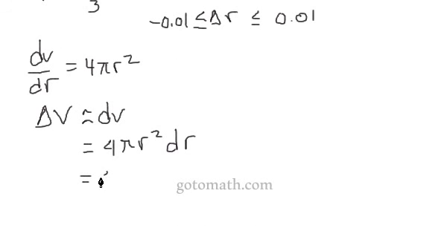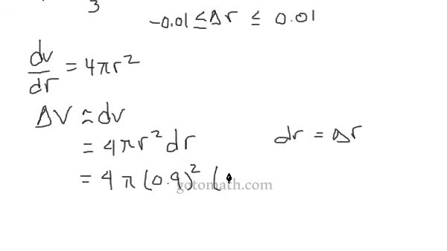So we have 4 pi times 0.9 squared. Now remember dr is our delta r, and that's going to be the 0.01.